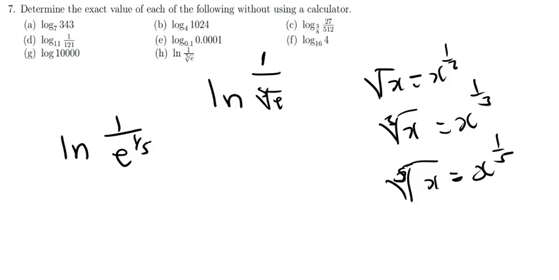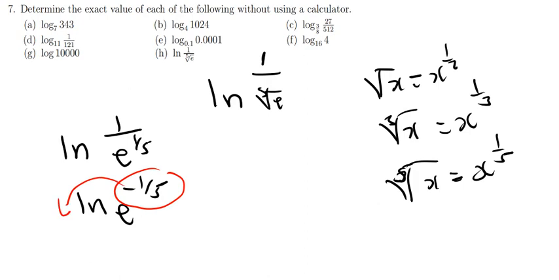I've removed the root. To remove this 1 is the same as just putting a negative where the power is. So ln e raised to the power negative 1 over 5. The property of logs allows us to shift the power to be in front. This is the power, it can be in front.